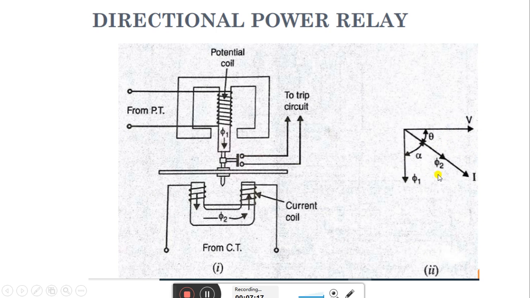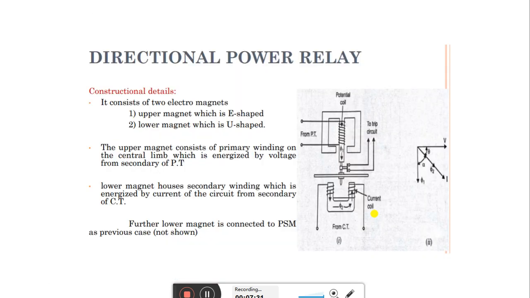So this is the vector diagram of the directional power relay, and this is its overall construction. So how does it operate? Already I have explained the constructional details: it consists of two electromagnets.